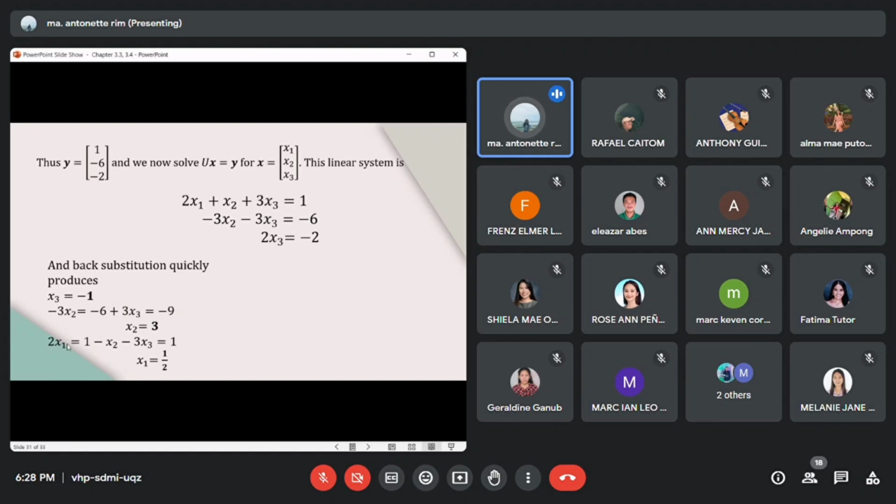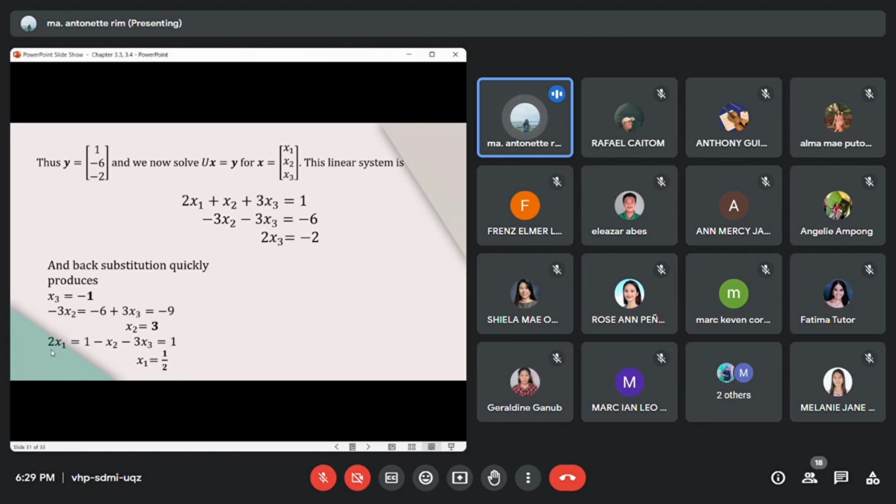Then to find x sub 1, so 2x sub 1 equals to 1 minus x sub 2 minus 3x sub 3. Then 1 minus x sub 2, which is 3, so negative 2, minus 3 times x sub 3, which is negative 1. So 3 times negative 1 is positive 3, so negative 2 plus positive 3, which is equals to 1.